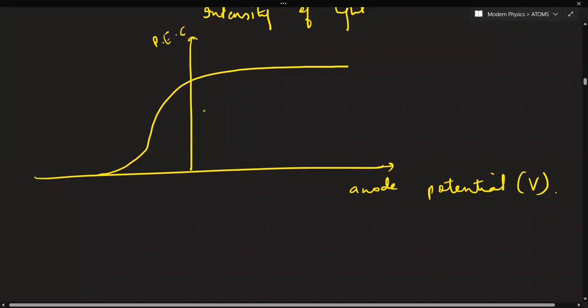This maximum value of photoelectric current is known as the saturation current.